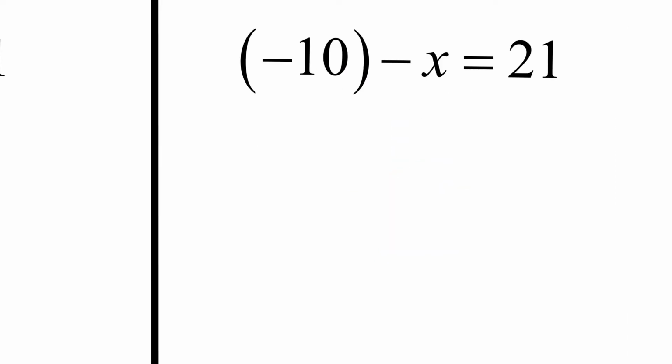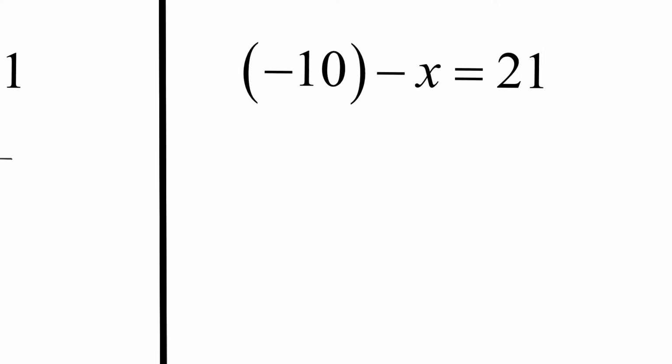Now this example, it might look like a negative times a negative, a double negative, but notice that the negative 10, this negative is not next to the negative x. You have a number in between. So when you guys have something in between the negatives, that's not a double negative.